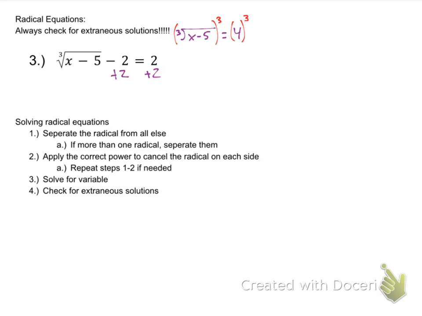Because remember, this radical really means the 1/3 power. And so to make the power equal 1, I'll put a 3. So those cancel each other out, leaving you with x minus 5 equals 4 to the third power. 4 times 4 is 16. And what's 16 times 4? 64.